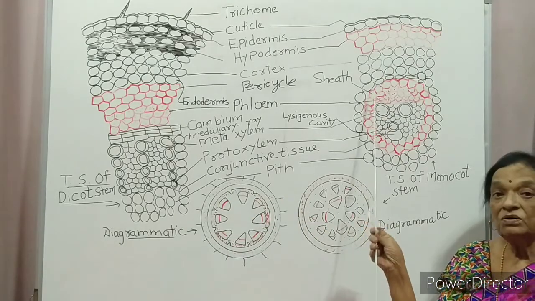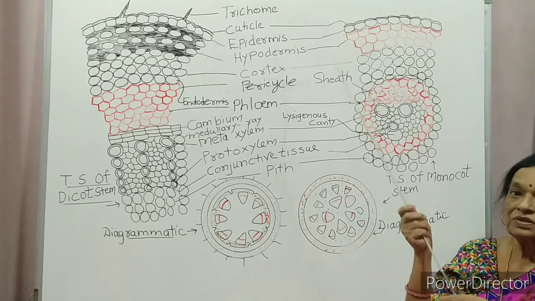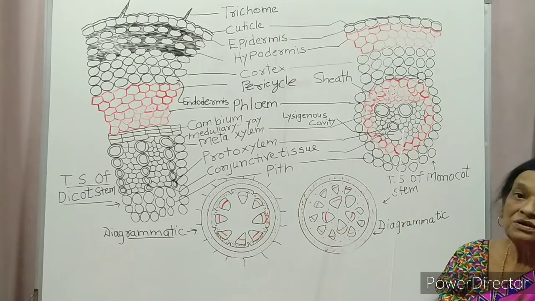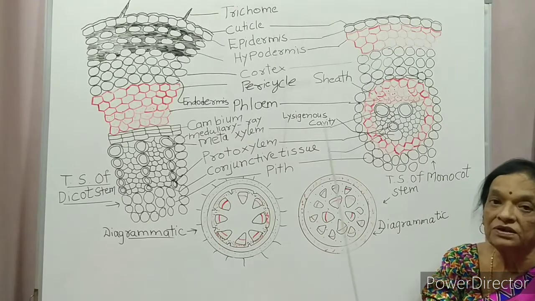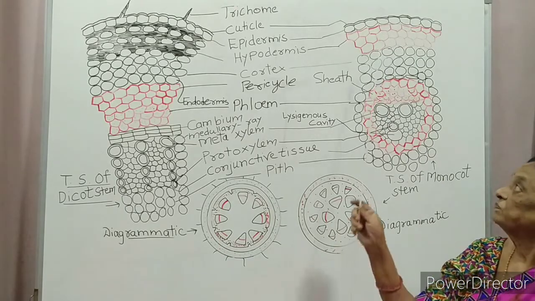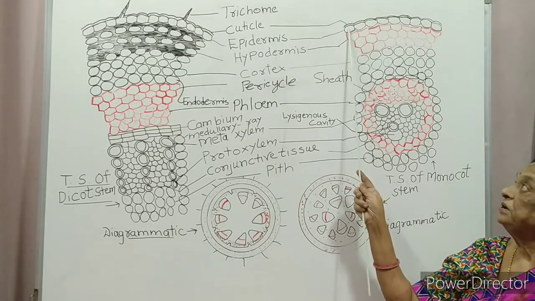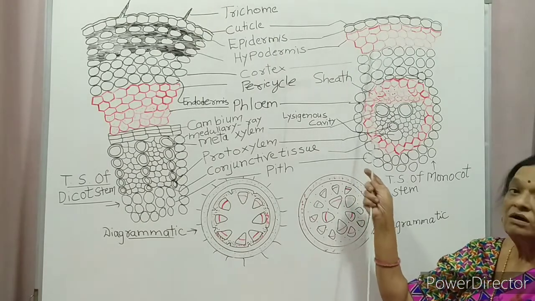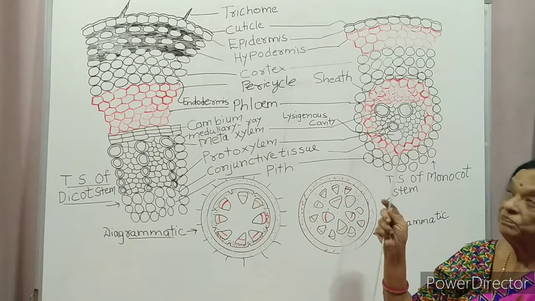Now what is a monocot stem? Maize stem. The maize stem has a cuticle to prevent evaporation of water. This is the epidermis. The hypodermis is made of sclerenchyma.